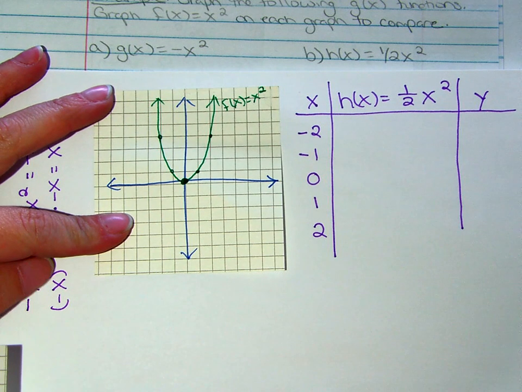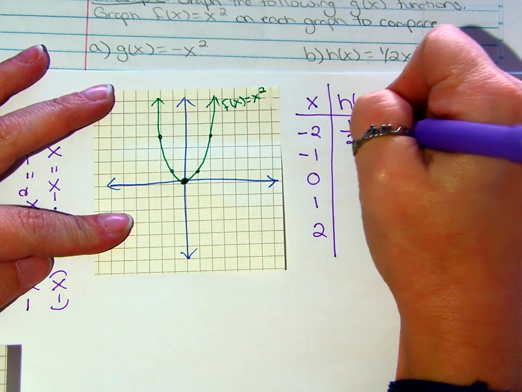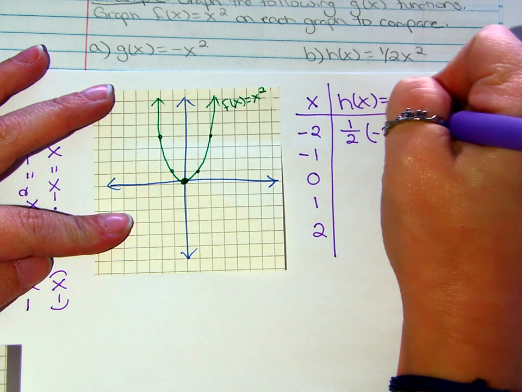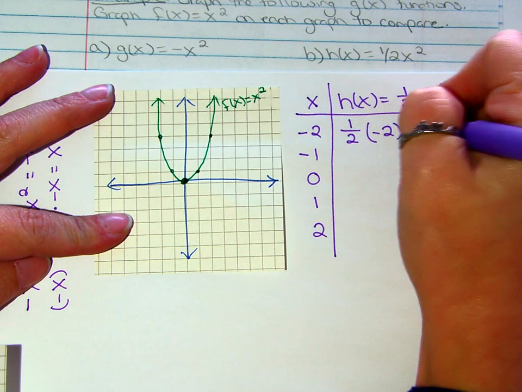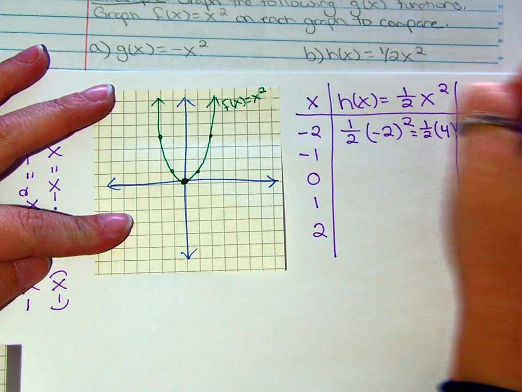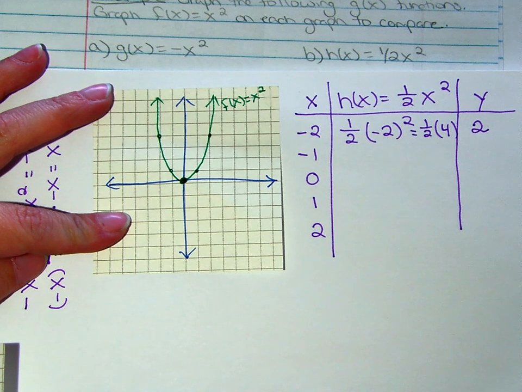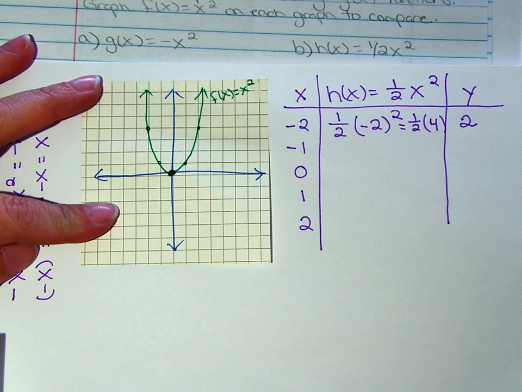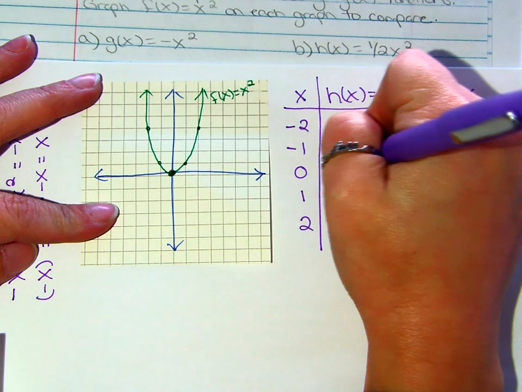So when I plug that in, I will have 1/2 times -2 squared. So that's 1/2. -2 squared is 4. 1/2 of 4 is 2. And I'm going to do that for every single value as I move down. 1/2 times -1 squared.